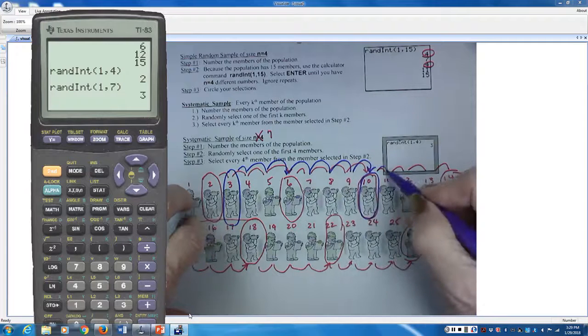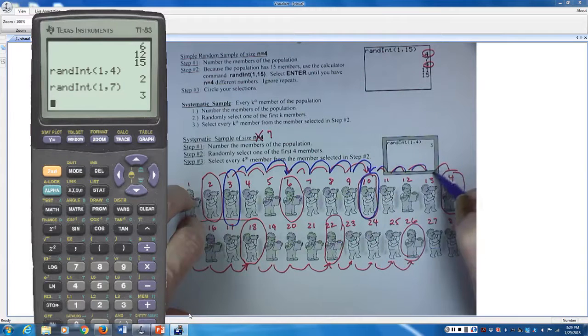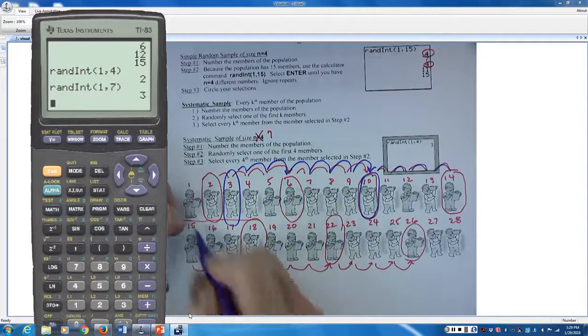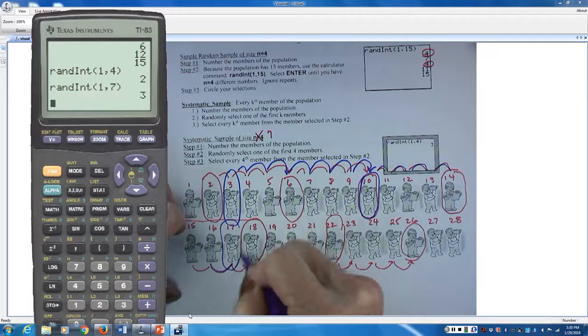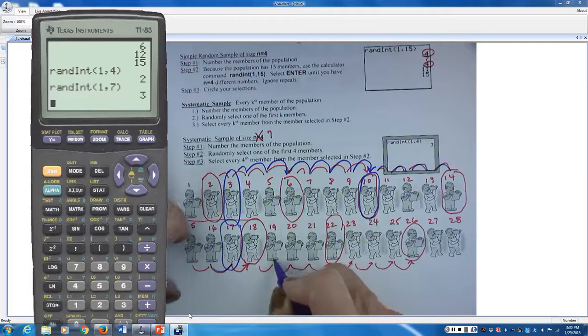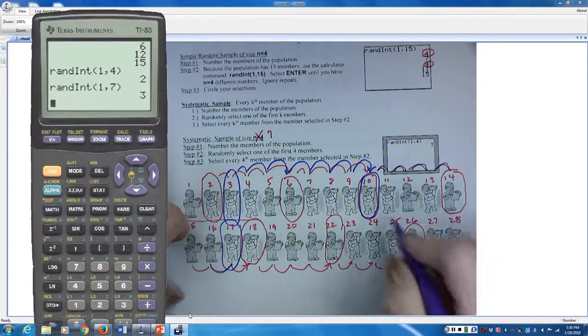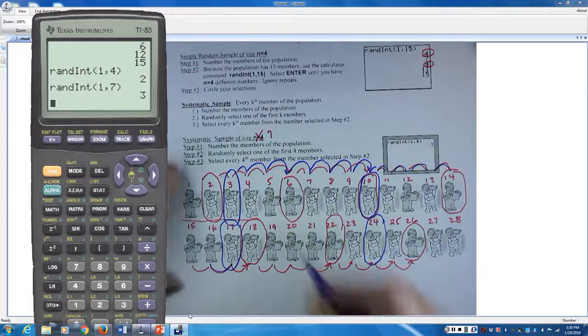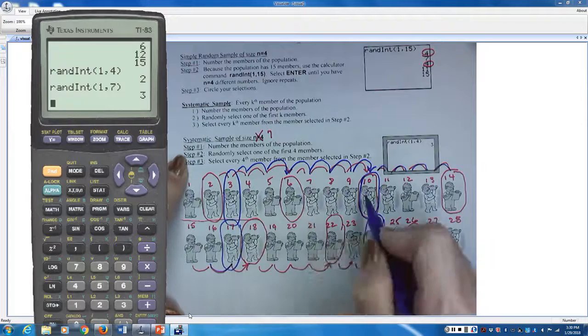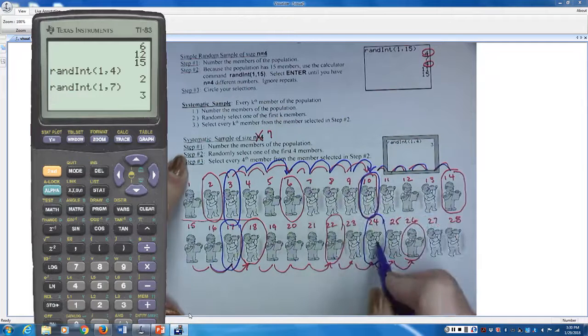And then 1 through 7 again, and again. And then 1, 2, 3, 4, I'd have to go back to the beginning, so I'm done. And in this case, I have 1, 2, 3, 4.